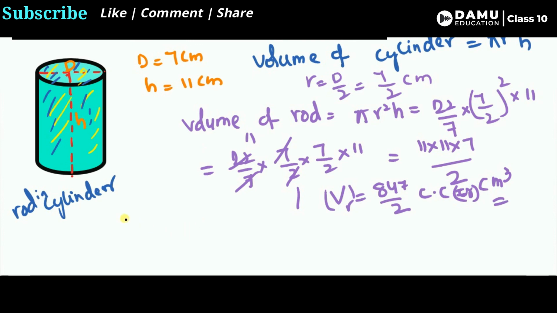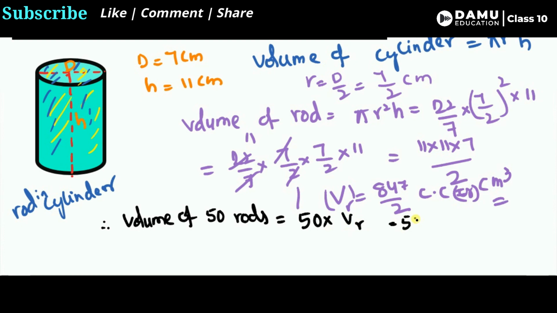Therefore the volume of 50 rods will be equal to 50 into the volume of each rod, V_R. So 50 into 847 by 2. Let's cancel, 2 ones are 2, 25 ones are 25.